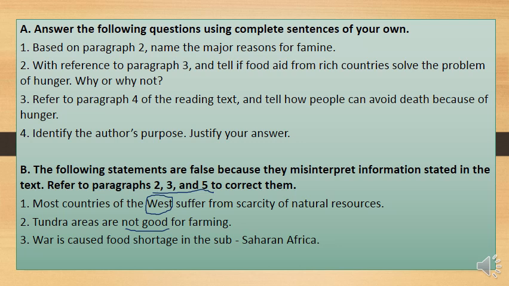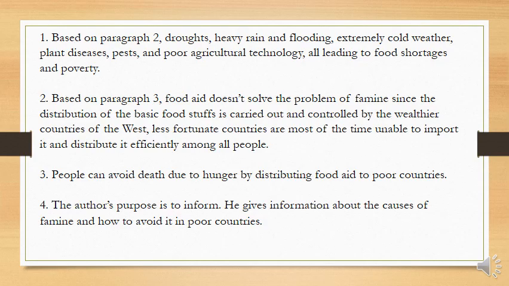Number 3, war caused food shortage in sub-Saharan Africa, which is false. It's not war that caused this, it's natural disasters from floods, droughts, and so on. These caused food shortage due to the destroying of the grains and so on. So it's not war, it's the natural disasters.